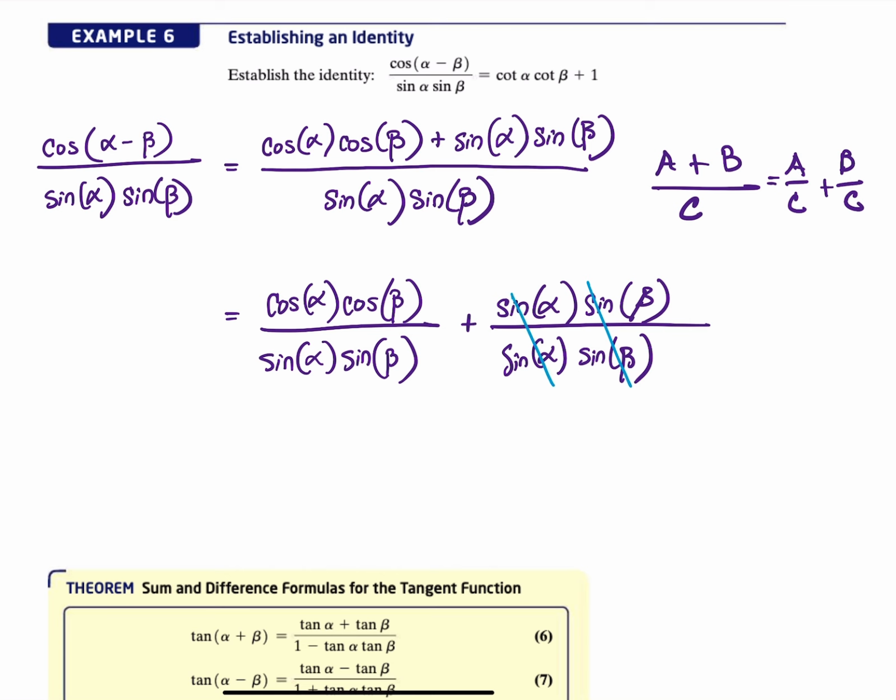And on the first fraction, notice we have cosine alpha over sine alpha. That's the cotangent of alpha. And then cosine beta over sine beta. That's the cotangent of beta. So this will give us our right-hand side of that original expression. So cotangent alpha times cotangent beta plus 1.